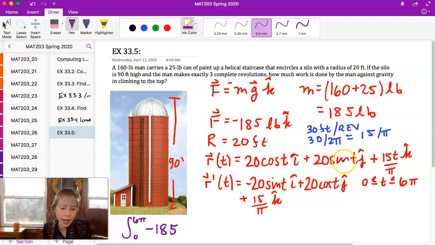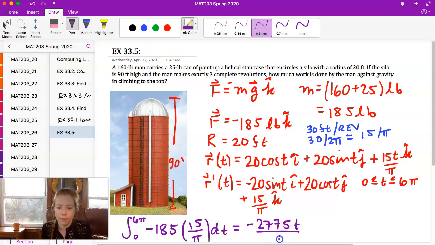So jumping ahead, we're left with minus 185 times 15 over pi dt, which is going to give us minus 2775 t over pi, evaluated from 0 to 6 pi, which is going to be 16,650.